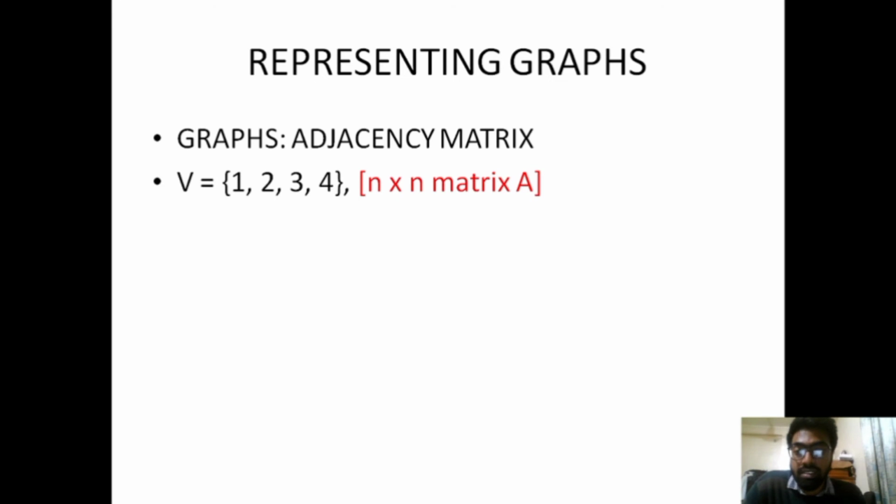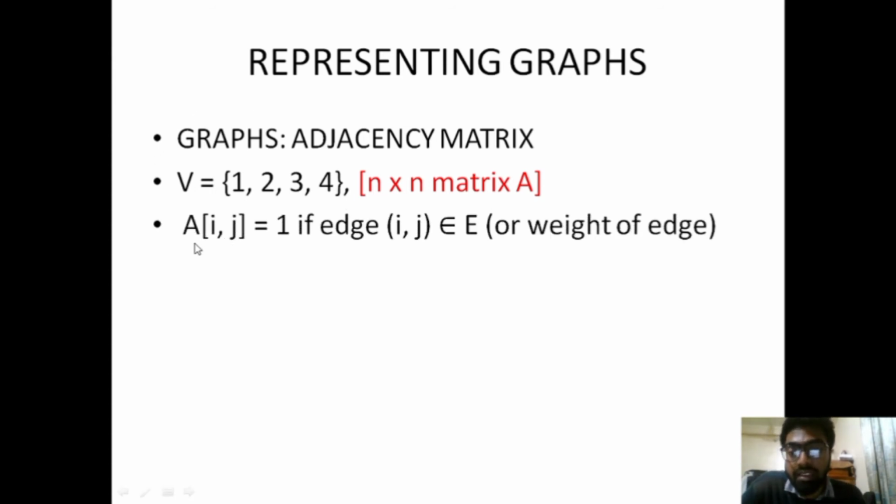Now we can see that we have 4 edges and n contains the number of vertices. If we find any edge between i and j, we will put 1 in ij position. If we do not find any edge between i and j, we will put 0 in the ij position of a matrix.